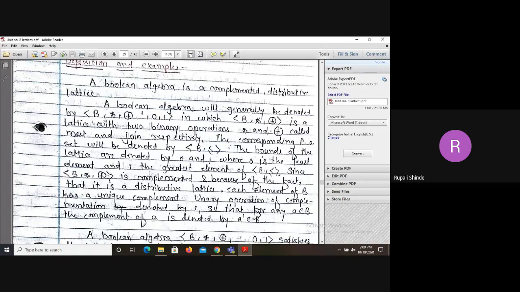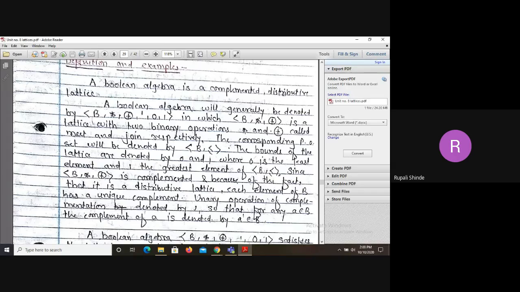Again you have to give explanation for each and every symbol. Here B is the Boolean algebra, and star, XOR and complement are operations defined on this set B. 0 and 1 are the least and greatest element. Then this is a Boolean algebra.